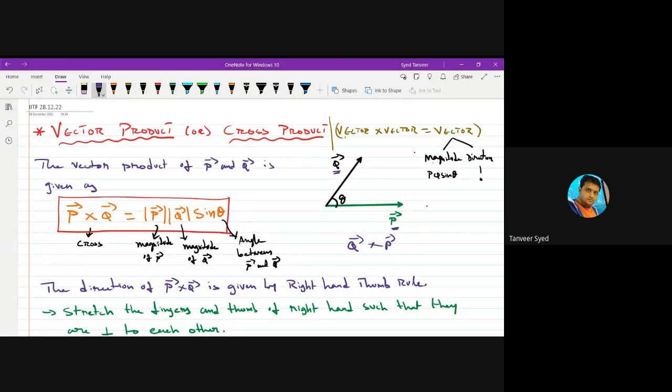Place fingers along Q, bend them towards P. What is the direction of Q cross P? Left, right, top, down, out of the plane, into the plane.